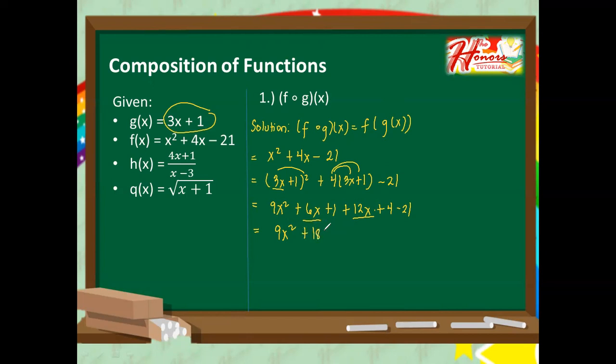So plus 18x. And then we have to add the numbers here. So we have here 1, 4, and negative 21. So we have here 1 plus 4, that's 5, minus 21, that is negative 16. So this is the final answer here. 9x squared plus 18x minus 16.